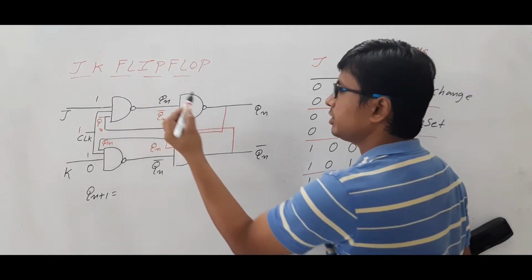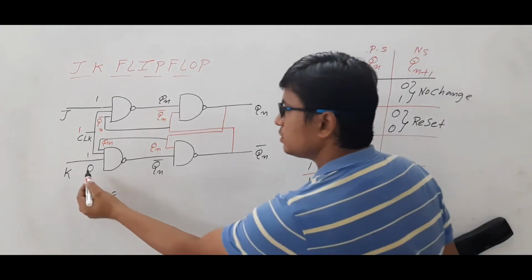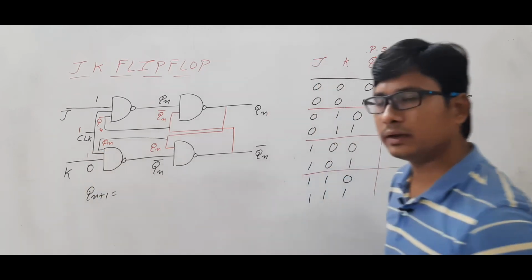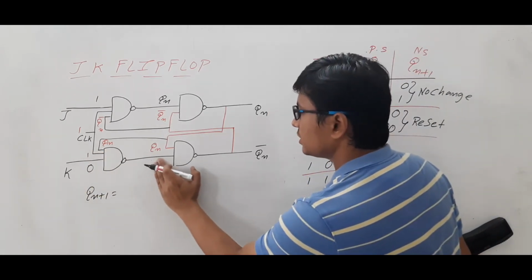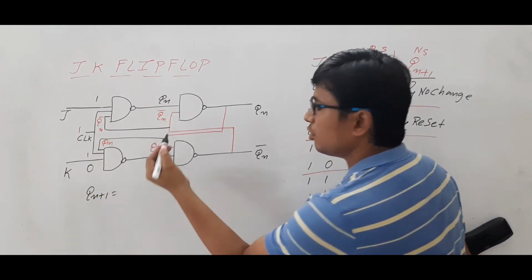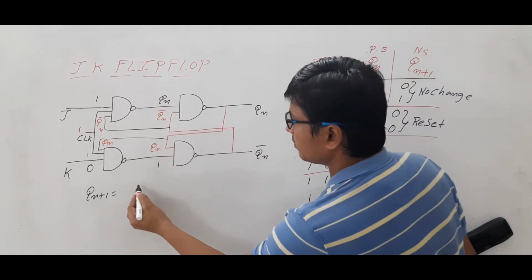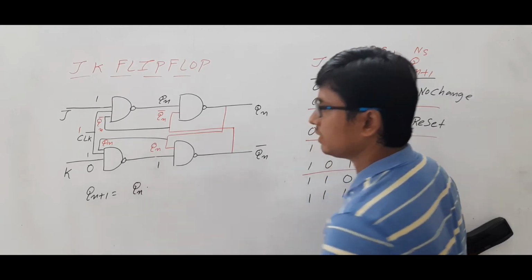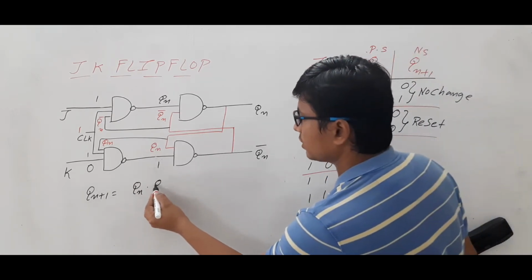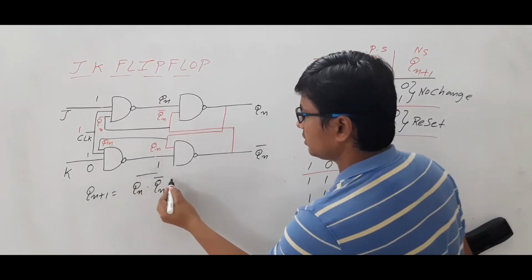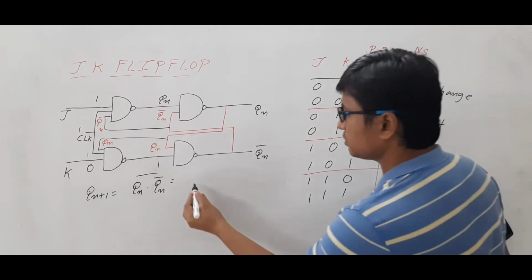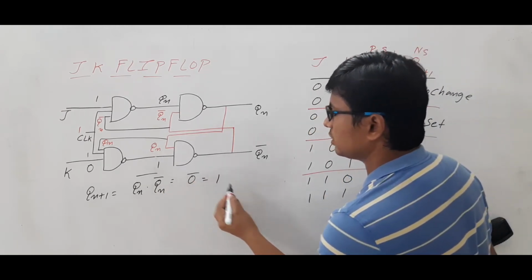Will you agree with me or not? Now this is 0 and 1 and Qn. Whenever there is a 0 in the NAND gate, the output will be 1. Now Qn+1 is equal to Qn and Qn complement whole complement, which is equal to 0 complement, which is equal to 1.